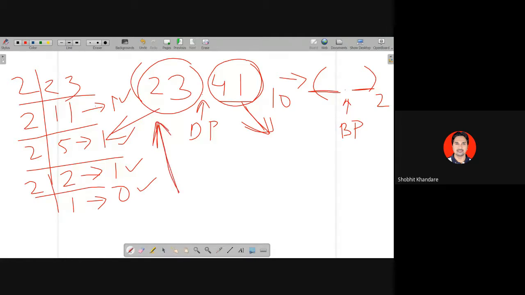When we do successive division and we are interested in remainders only, then we take the numbers from bottom to top. So the remainder numbers will be considered not from 0 but from 1.